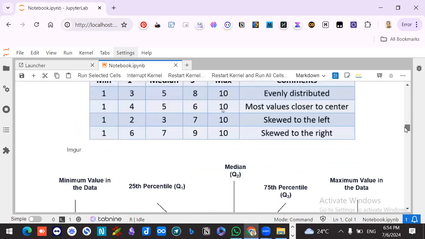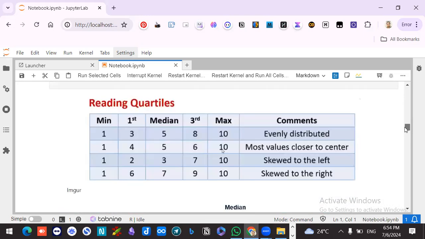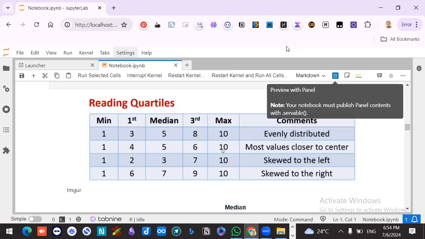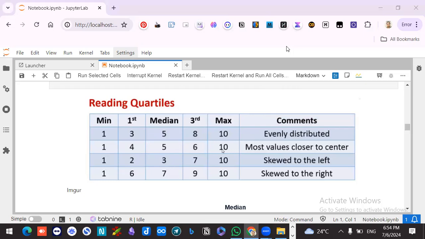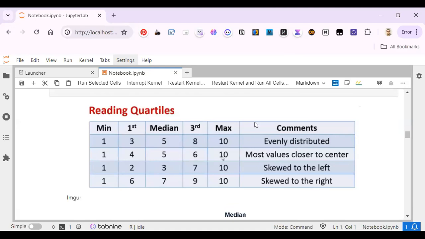And what I explained is quantiles. By looking at quantiles only, we can tell what sort of shape the data holds. Let's consider data that is evenly distributed. How can we say that? I have taken a simple example.